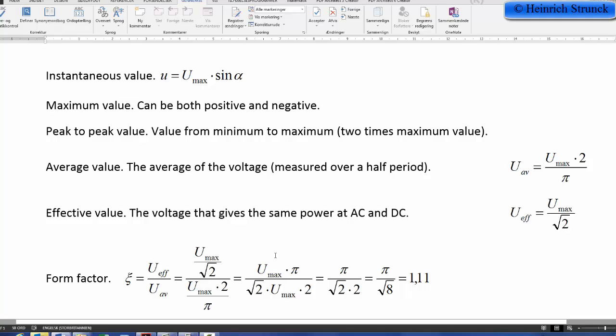So we got this formula, and we can delete U maximum, and we got pi divided by square root of 2 times 2, and that is the same as pi divided by square root of 8, and it is 1.11. So the form factor, that is the effective value divided by the average value, for a sine curve is 1.11. If we have another curve form, it can be another number.